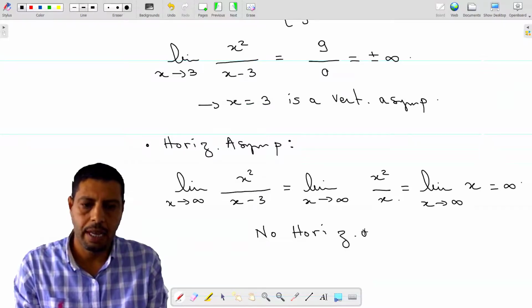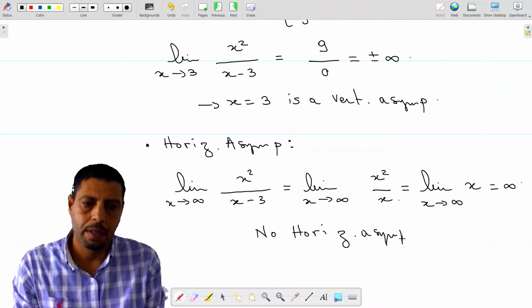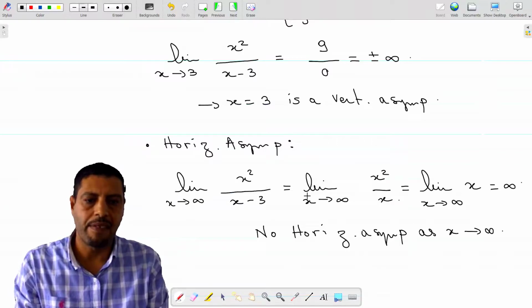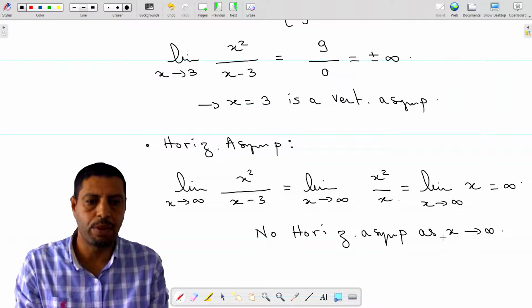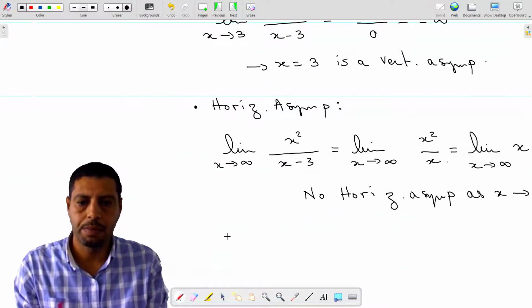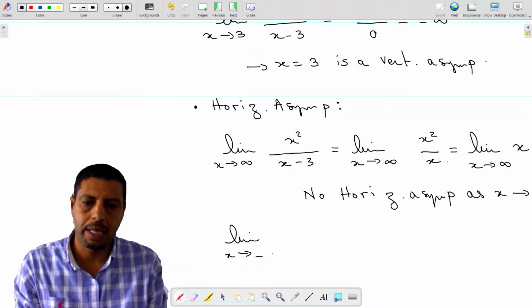No horizontal asymptotes as x approaches infinity. We didn't find the limit at infinity equal to a constant, okay? Therefore, there is no horizontal asymptote as x approaches infinity. Let's check for negative infinity. So the limit, and I will do it quickly, it's the same thing.